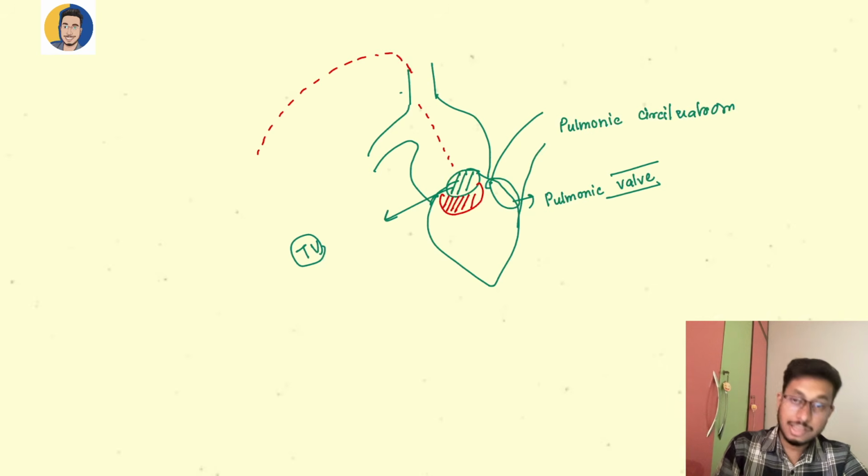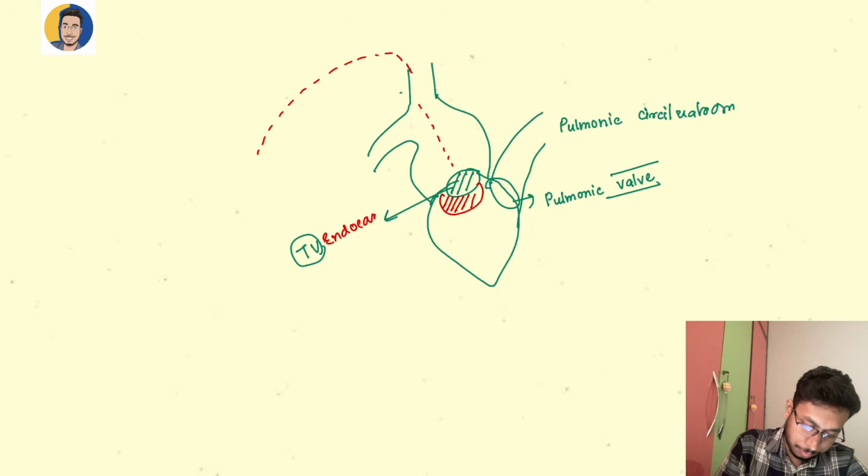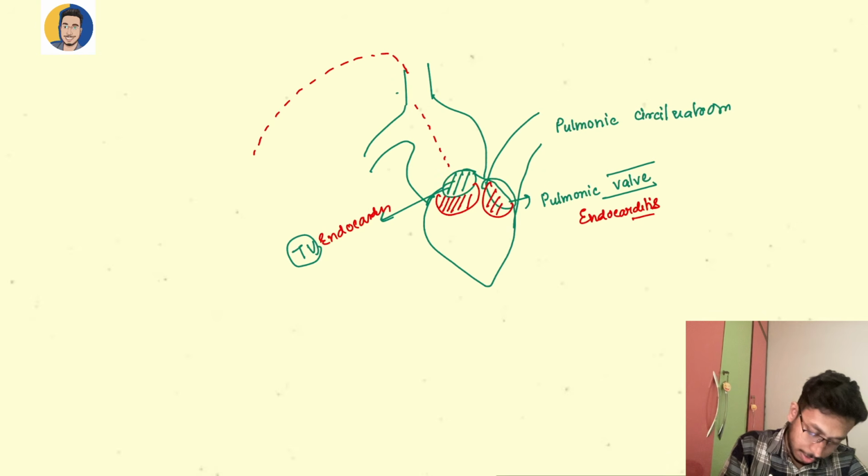So in IV drug abusers, there is a high chance of tricuspid valve endocarditis or pulmonic valve endocarditis. So there is formation of thrombus along those valves in IV drug abusers.